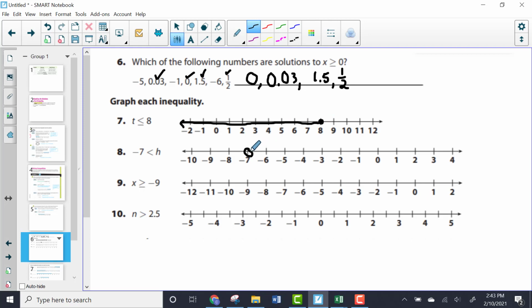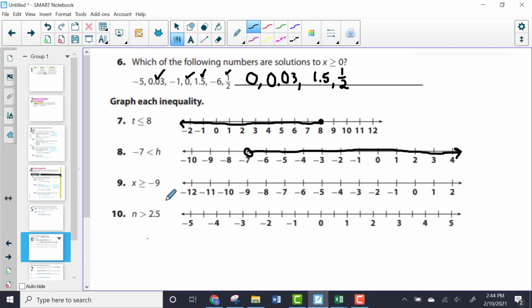We have our circle there, then we shade everything greater than -7 to the right. Keep on going. I know I'm not doing it so pretty, but that's okay. This is how you graph the inequality. We keep the circle open because there's no line underneath, showing that -7 is not a solution.